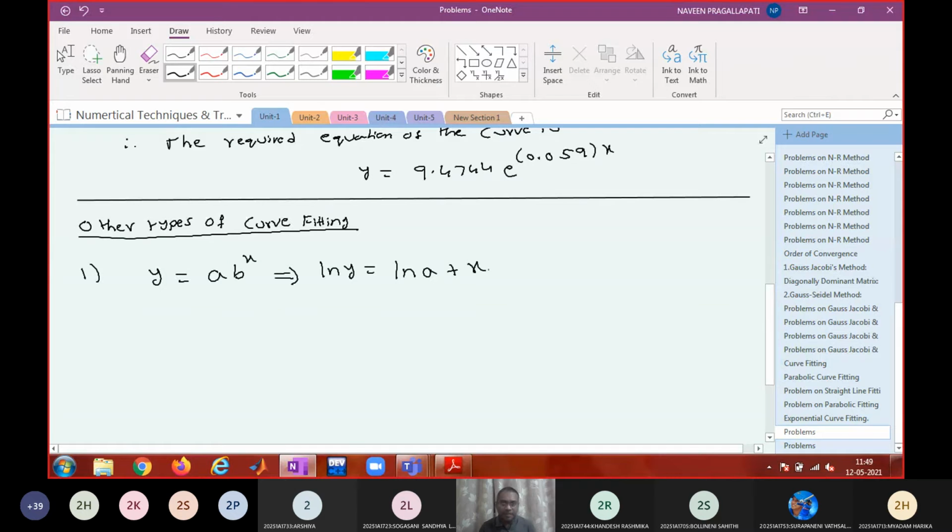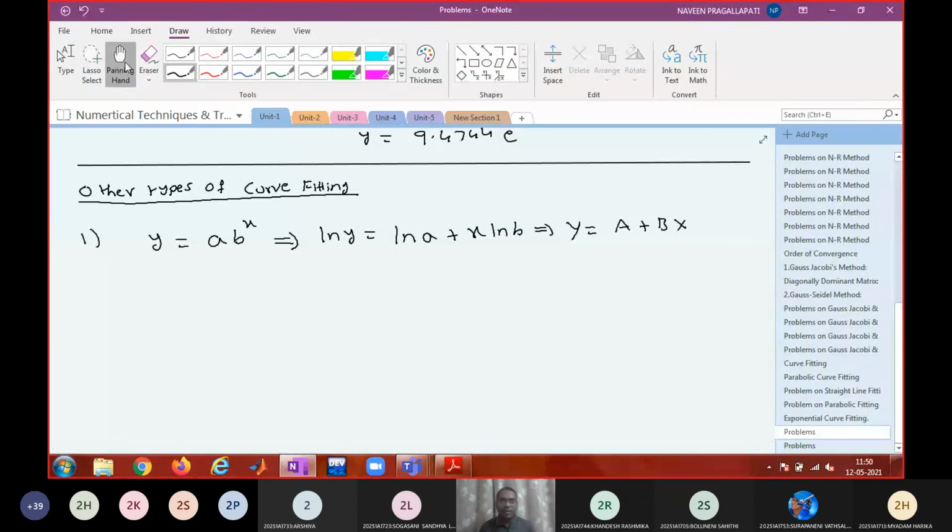Do you agree? This is in the form capital Y equal to capital A plus Bx, and you can write down the corresponding normal equations and solve for capital A and capital B. Finally, you find small a with e power capital A and small b with e power capital B. Am I right?